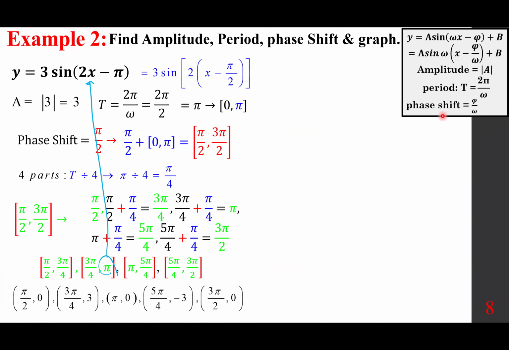So a grid: pi over 2, 0; 3 pi over 4, 3; pi, 0; 5 pi over 4, negative 3; and 3 pi over 2, 0. So those are the points. Here's one cycle, everybody.